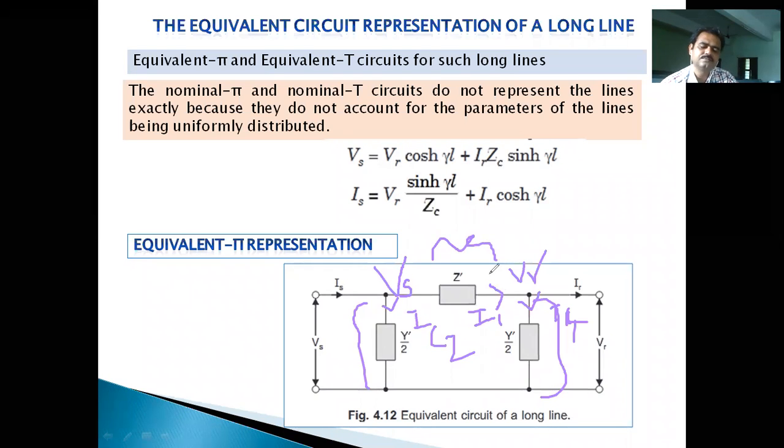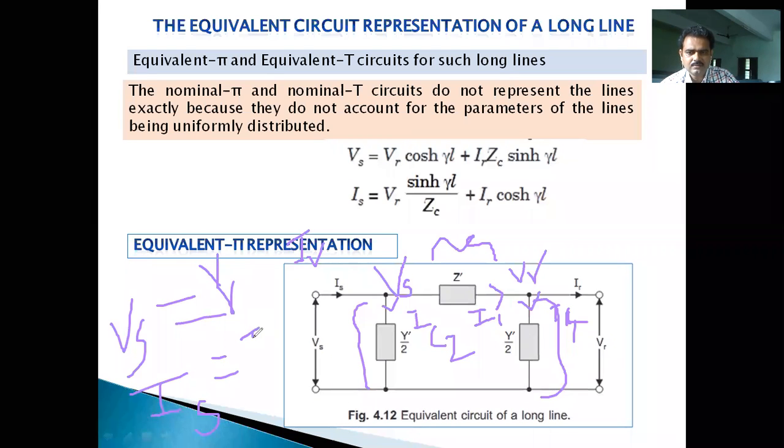Once we get the I1 value, I1 multiplied with Z dash gives the voltage across this impedance. Again, the voltage across this impedance plus VR directly gives the Vs value. So by applying Kirchhoff's voltage law and Kirchhoff's current law, we have derived equations for Vs and Is in terms of VR and IR.